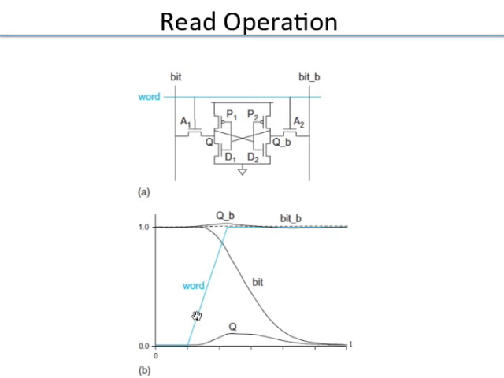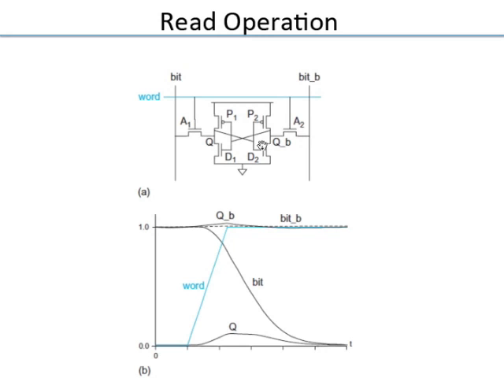So bit will start falling, but Q bar will remain where it is. If you wait long enough, bit will fall all the way down to ground. So bit has taken the value of Q. So basically what you have done is you have transferred the 0 value from inside the cell to the outside. That is basically how you do a read.